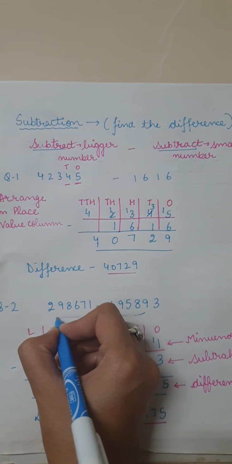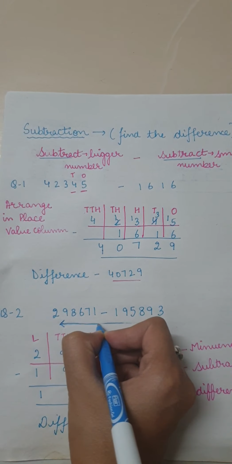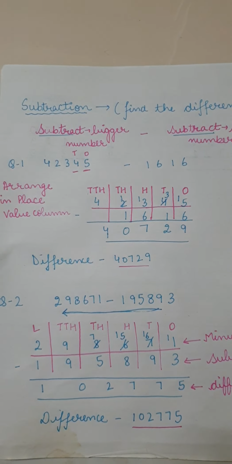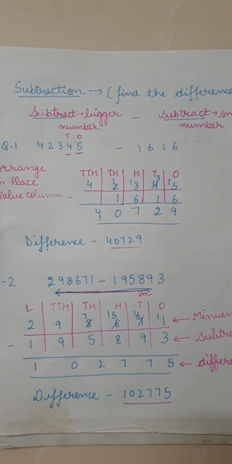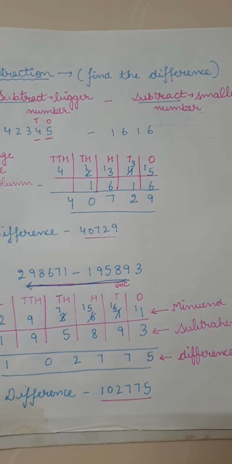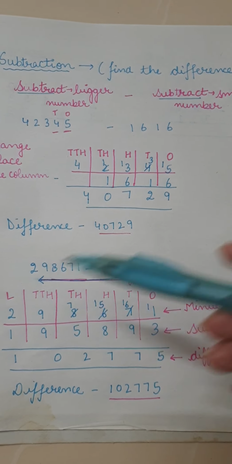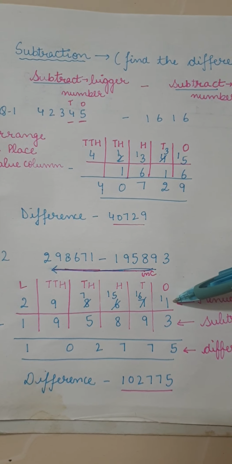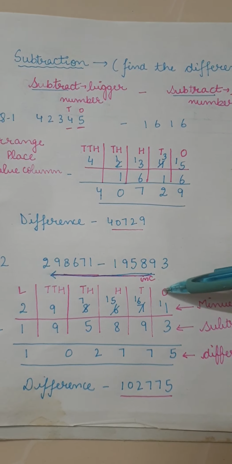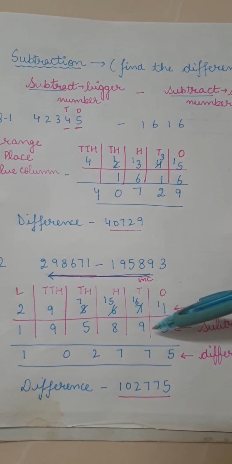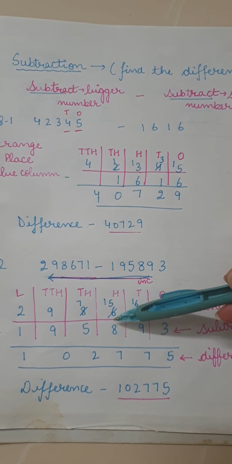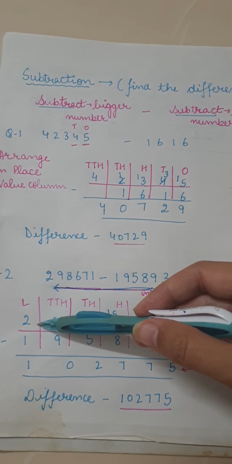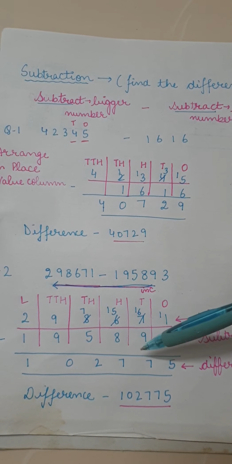It will keep on increasing as you move towards the left, and it will keep on decreasing as you move towards the right. Now we will put the values in the place value column. 1 will come at the place of ones, 7 will come at the place of tens, similarly 6 at the place of hundreds, followed by the other digits taking their values in the place value chart.